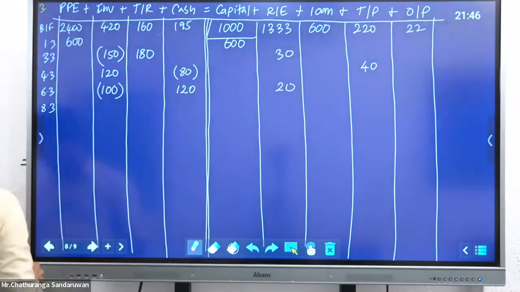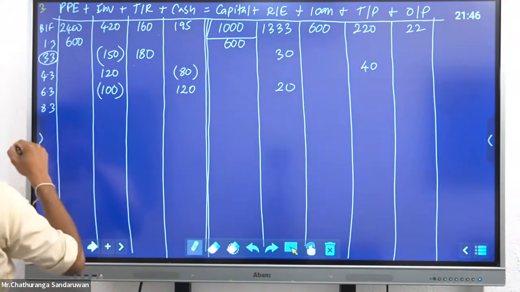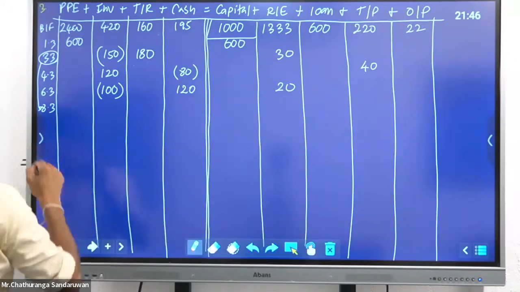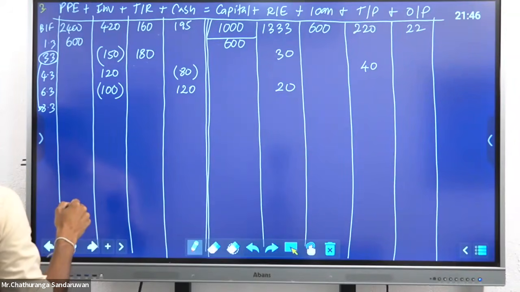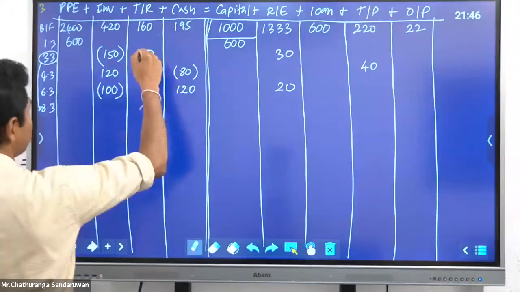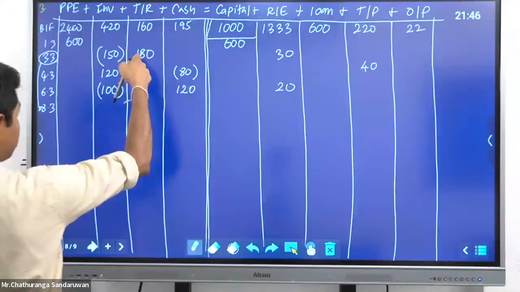8th of March. Goods sold on 3rd March 2026. This one, they are referring to this one. With a selling price of 10,000 were returned by the customer. Therefore, here sales price is 180.